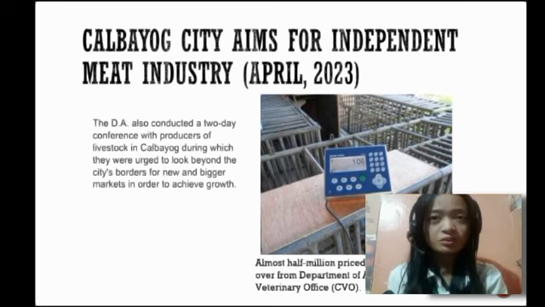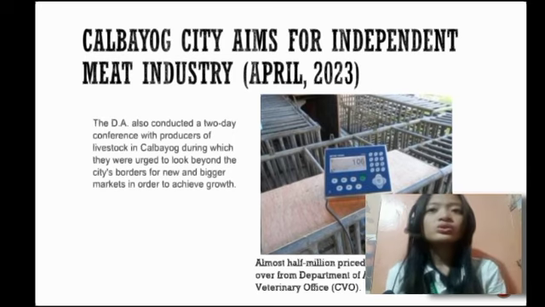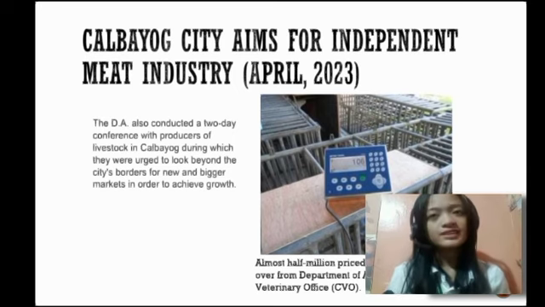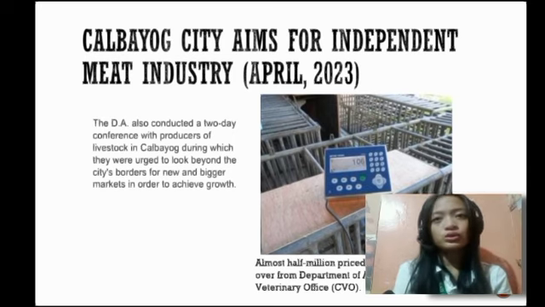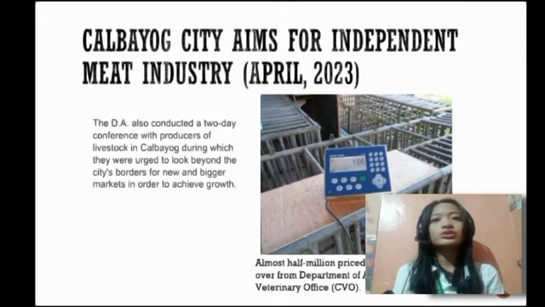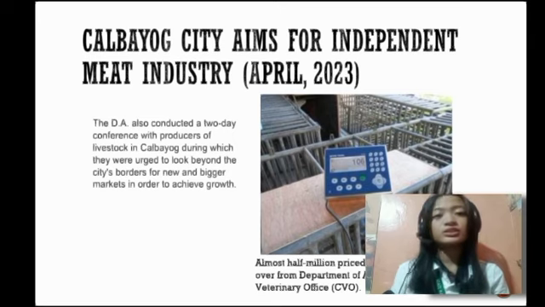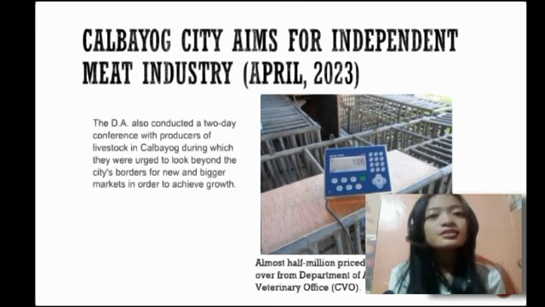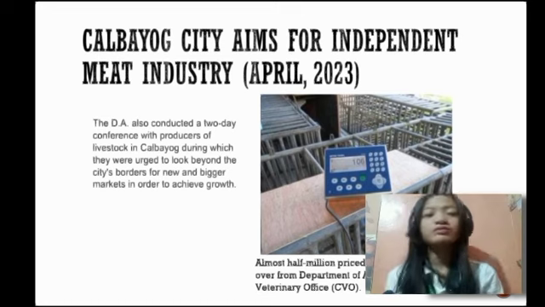In line with this objective, the DA also conducted a 2-day conference with livestock producers in Calbayog, during which they were urged to look beyond the city's border for new and bigger markets in order to achieve growth. As you can see in the picture, this is the high price weighing scale that was turned over from the Department of Agriculture Regional Office.